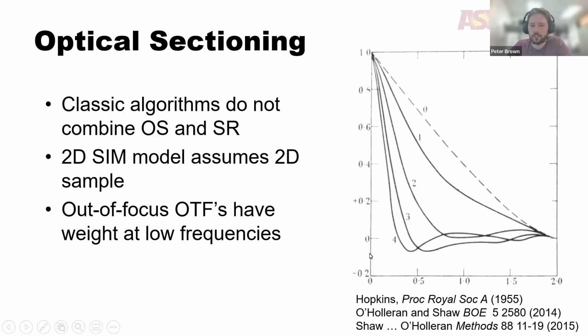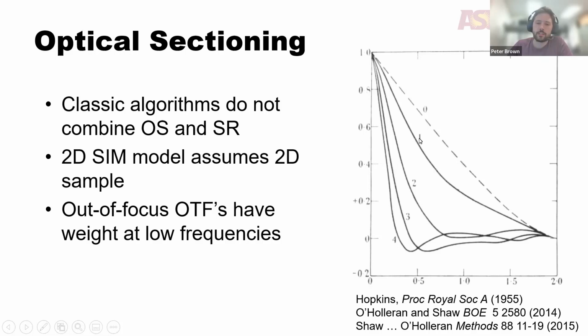So if we look at this plot of optical transfer function, the x-axis is frequency, the y-axis is magnitude of the transfer function, and these different curves are representing transfer functions for different defocuses. So 0 is no defocus. This is our typical optical transfer function.